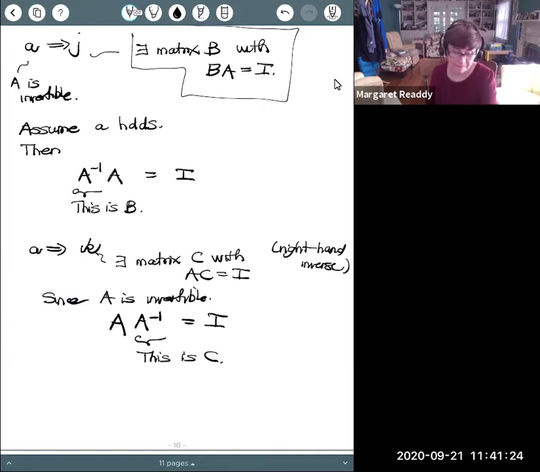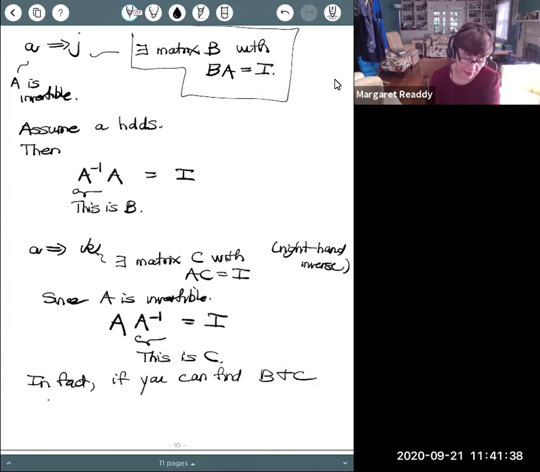Okay? And in fact, I want to prove something more. If you can find matrices B and C with B times A equals A times C equals the identity, then it turns out that B and C have to be the same.